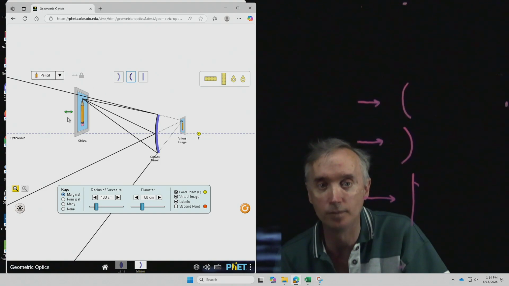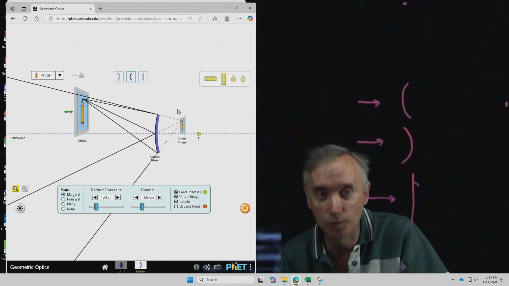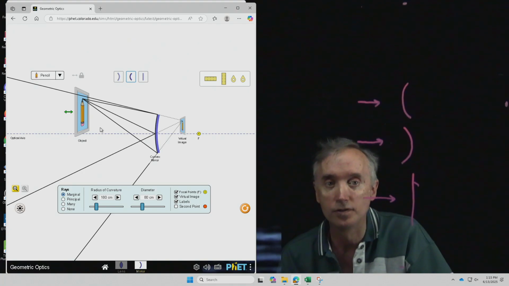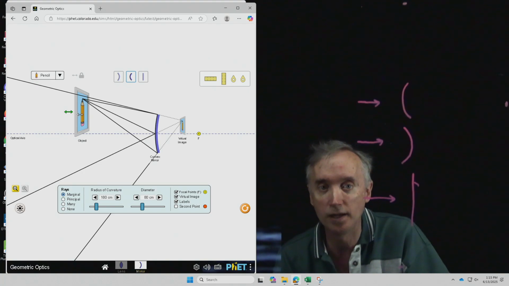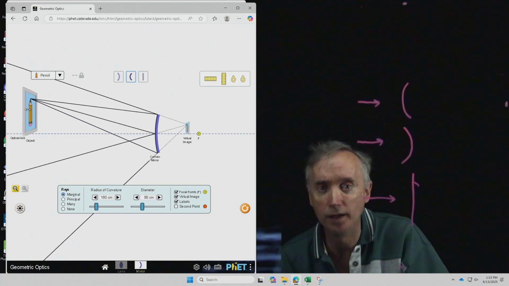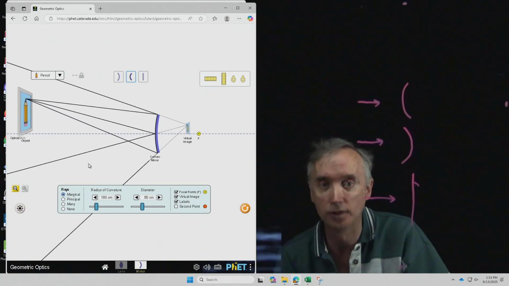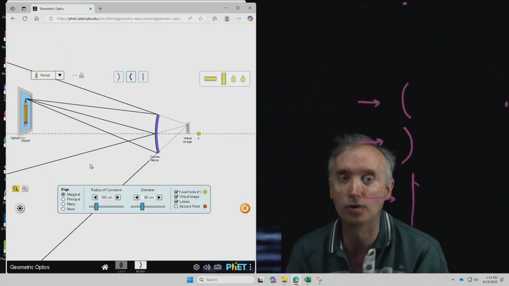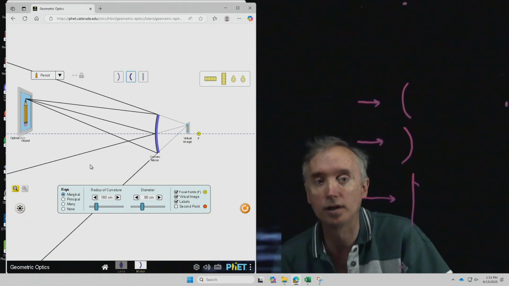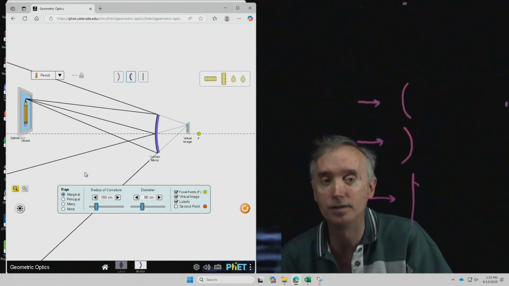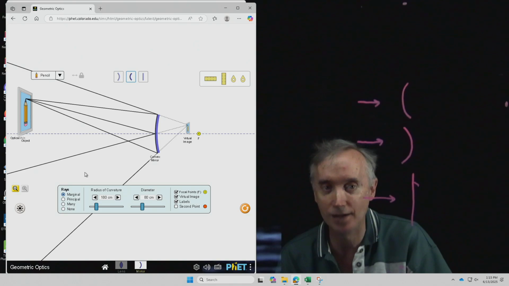It's still the same object over here, but now this one is a convex mirror. And this one over here, that's the image. It says to take the mirror and move it way over here. Then you're going to look at the size and the orientation of the image.